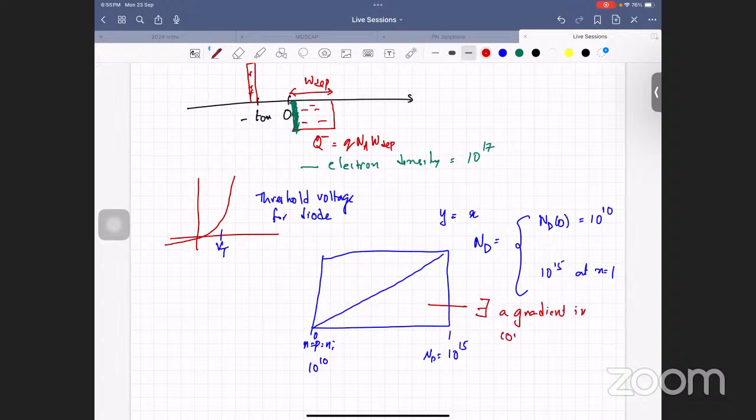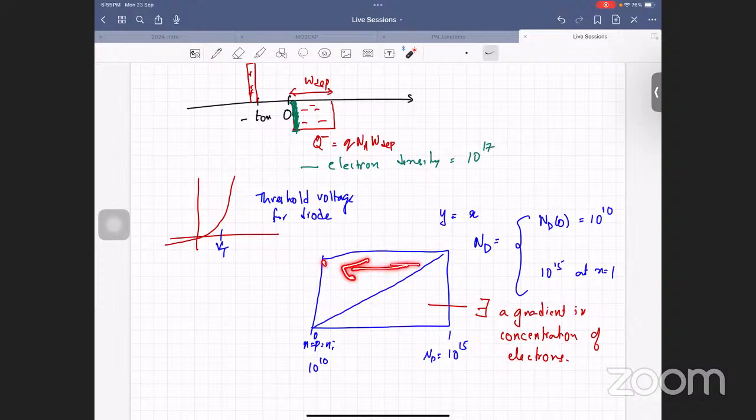Agreed? Yes, sir. So when you have such a gradient, electrons will diffuse from right to left.